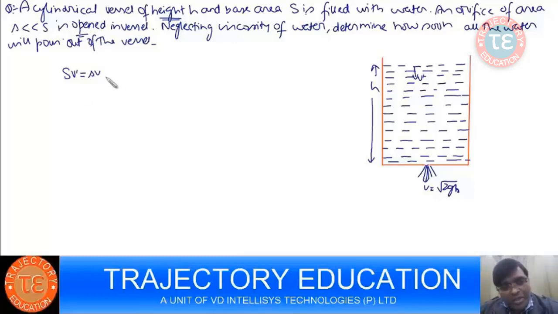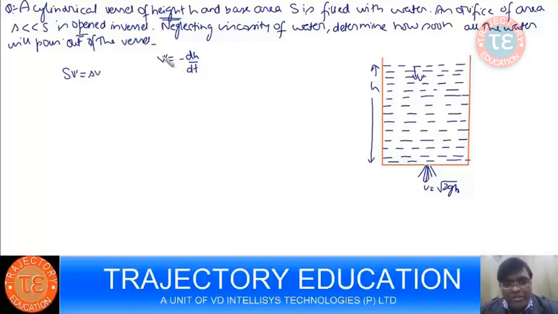Now your v dash is what? If the water comes out, height of the water will go down. So this must be minus dh by dt, because dh by dt will inherently be a negative number. dt is always positive, and dh is negative because height is falling.